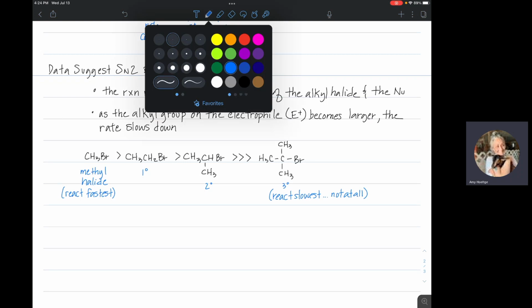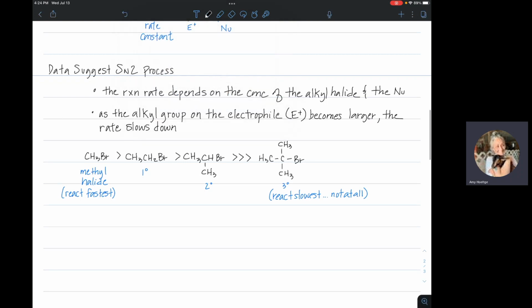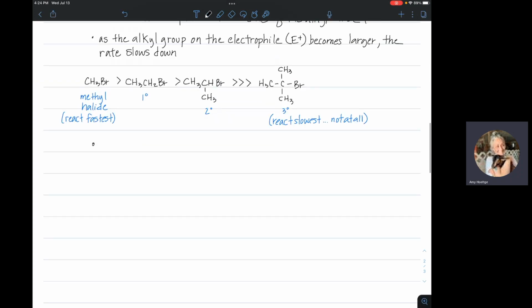The other thing that we notice is that when the reaction occurs on an alkyl halide carbon that is asymmetrical, so if I had a chiral carbon on my alkyl halide, you only get one stereoisomer that forms, and the configuration is inverted relative to the starting alkyl halide.